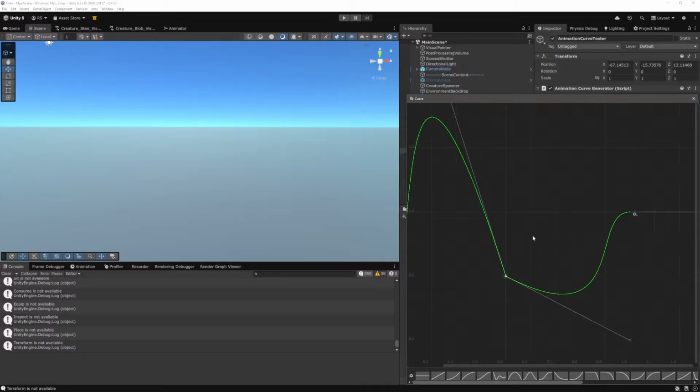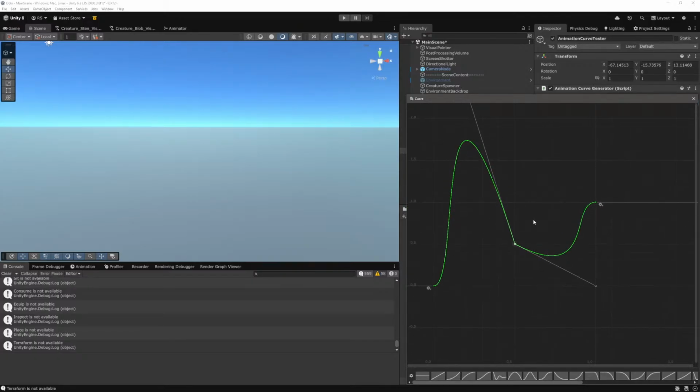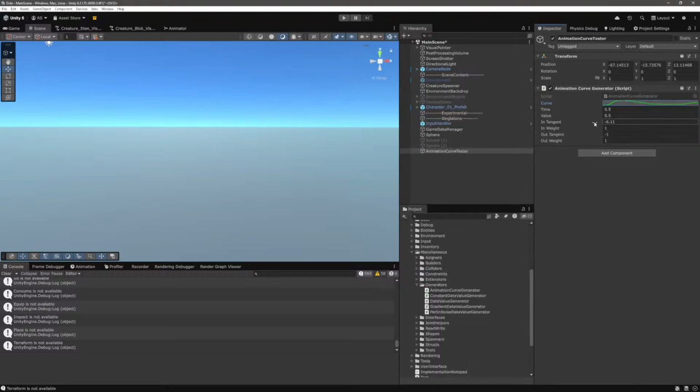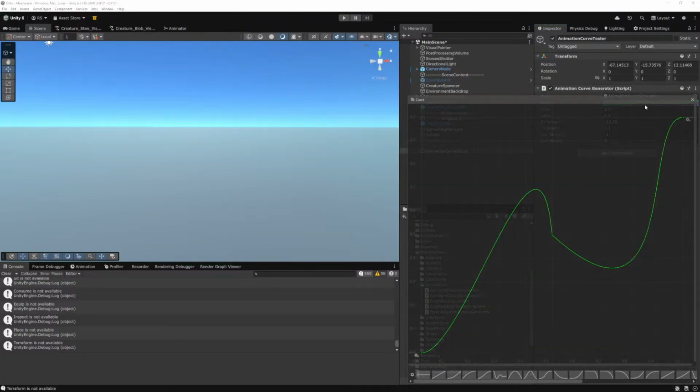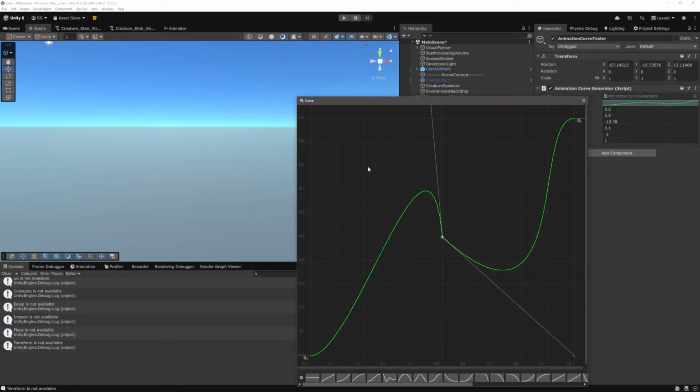Then the weight scales with that value. So if we make the absolute value of this one bigger, we're going to have to make this one smaller. So we can get something like this.